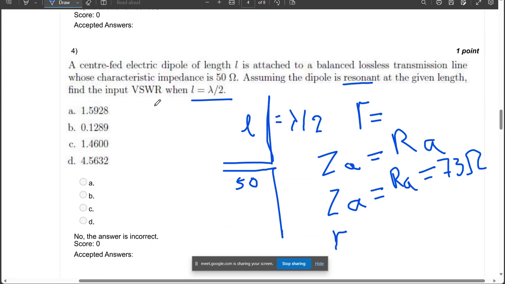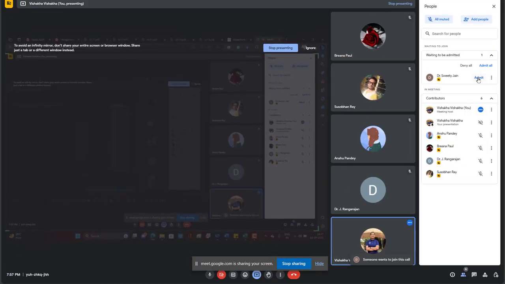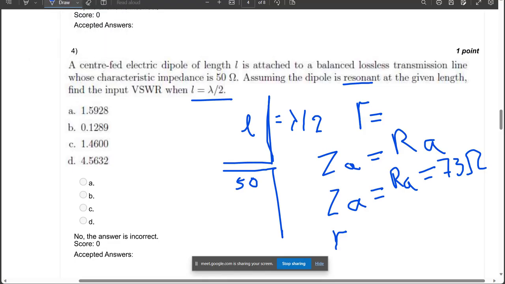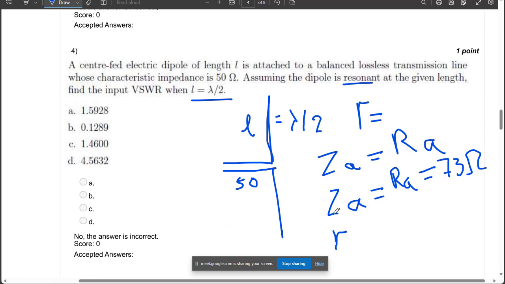Use all of that and tell me what the correct answer will be. So use all the formulas. VSWR is equal to 1 plus modulus of reflection coefficient divided by 1 minus modulus of reflection coefficient. The value of reflection coefficient is this. Put in all the values and you will be able to find VSWR. I'm going to give you 2 minutes. Solve it and tell me which is the correct option.